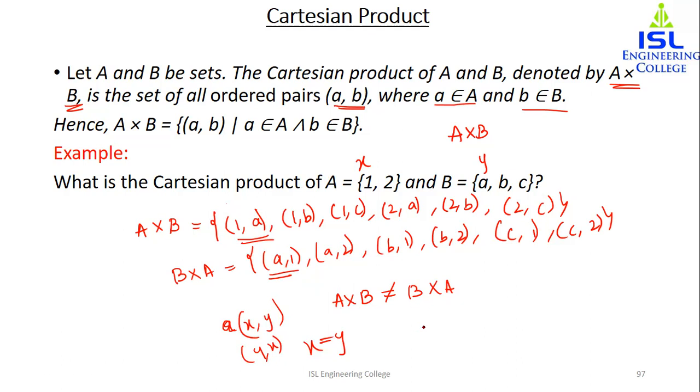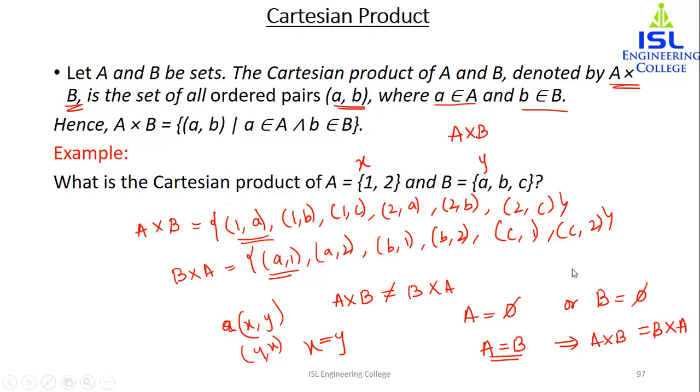Unless and until when will it be equal? When A is equal to phi or B is equal to phi. If either of them is an empty set, then we won't get any Cartesian product, so in this case it will be equal. And also if both the sets are equal, then the Cartesian products will be equal.